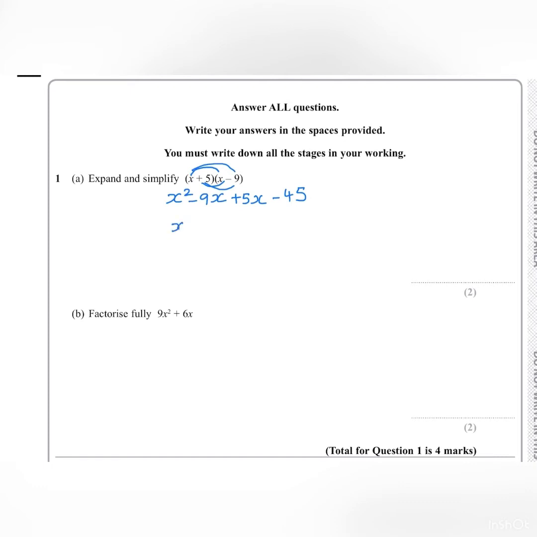We can collect the like terms in the middle. So minus 9 plus 5 is minus 4x, and minus 45. So that's part A.